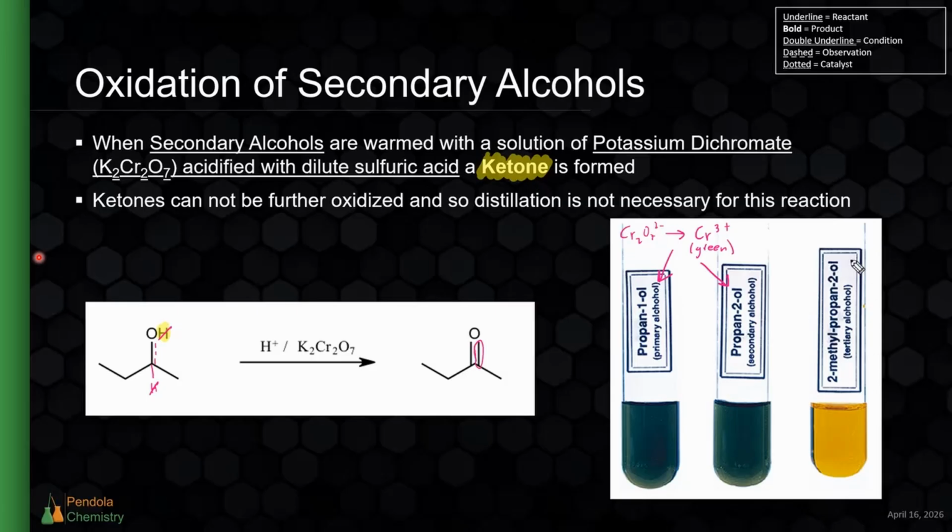However, with the tertiary alcohol, like 2-methylpropan-2-ol, the reaction stays orange because it stays Cr2O7 2-, which is orange, a yellowish orange in color. So we can see here how the primary and secondary alcohols react with the dichromate, but the tertiary alcohol does not react with the dichromate.